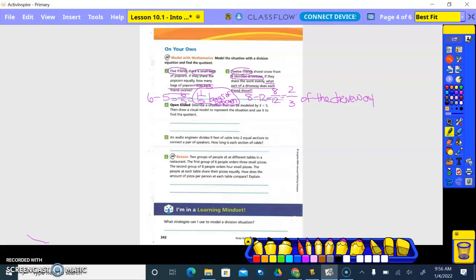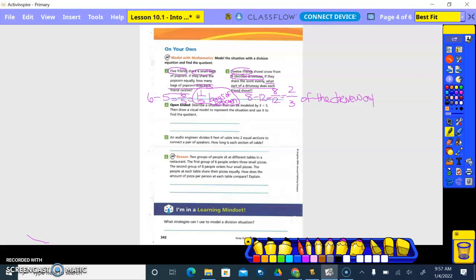Open-ended. Describe a situation that can be modeled by 3/5 divided by 5. Then draw a visual model to represent the situation and use it to find the quotient. So could we say there were 3 hot dogs and they need to be divided amongst 5 friends?